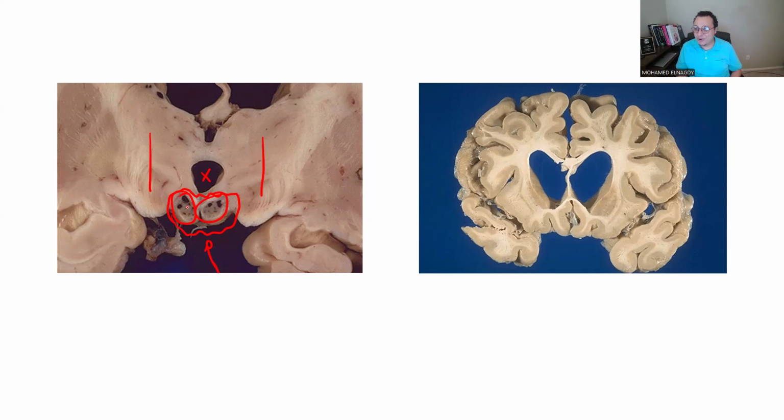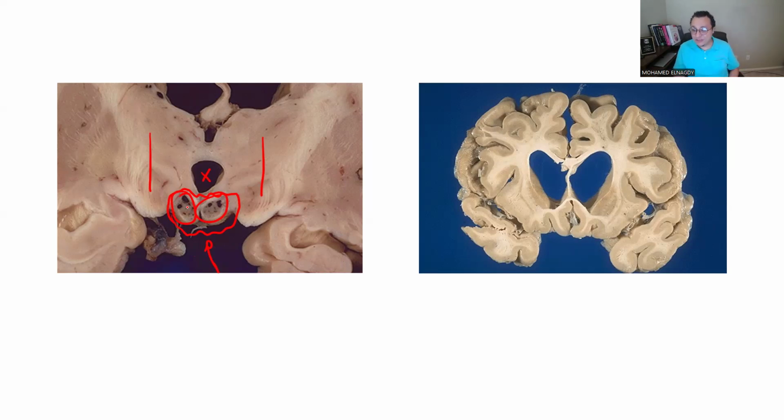What kind of syndrome would have degeneration in the mammillary bodies? Do you remember? It was highly associated with alcoholism. When people drink alcohol, this leads to thiamine deficiency, which is vitamin B1 deficiency.